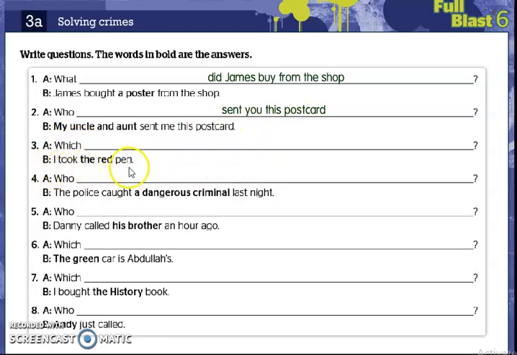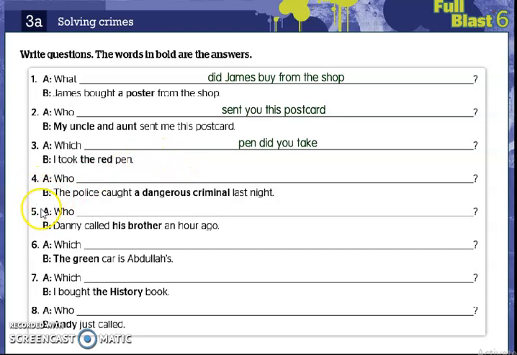I took the red pen. We ask about the object, so we'll use an auxiliary verb. So the question is, which pen did you take? We used did as an auxiliary verb because we ask in the past simple.